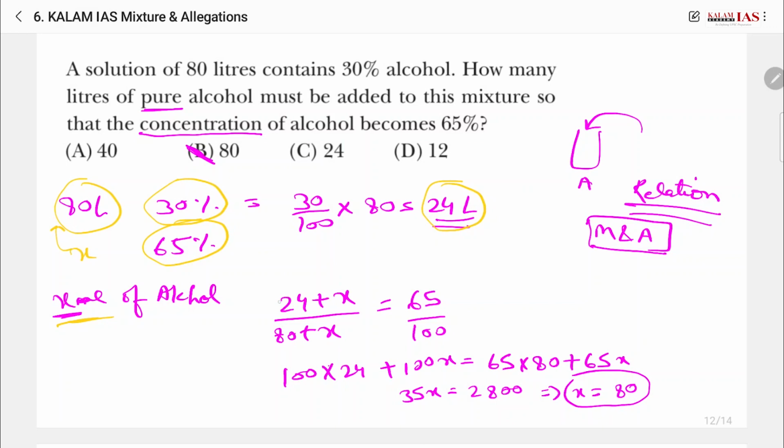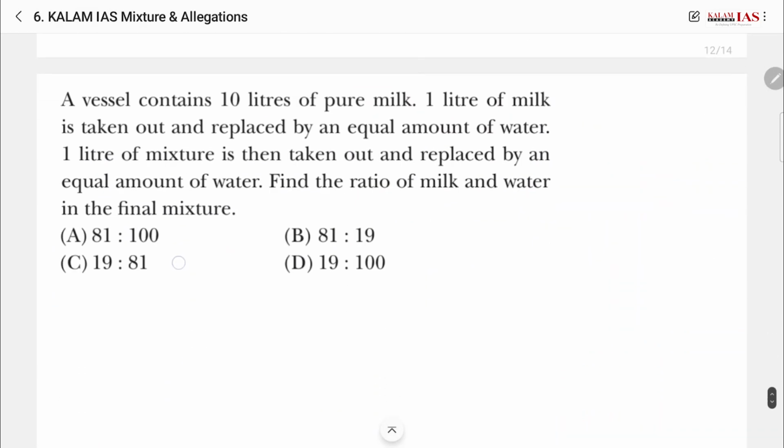So alcohol quantity in the mixture will become 24 plus x, and the total quantity will become 80 plus x, because in this mixture we are adding pure alcohol, and this will be equal to 65%. Now after this, it is simple maths. We have to just cross multiply both the sides and find the value of x, which comes out to be 80 liters. Now moving on to the next question.